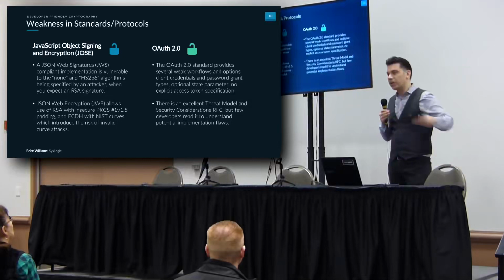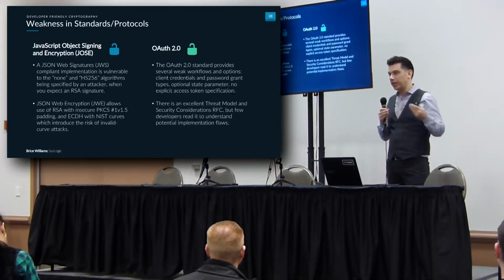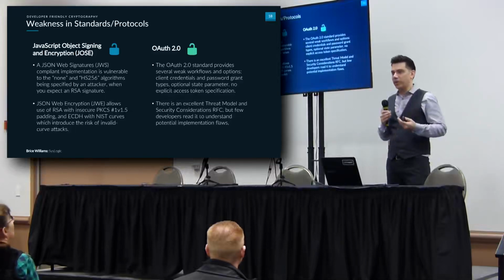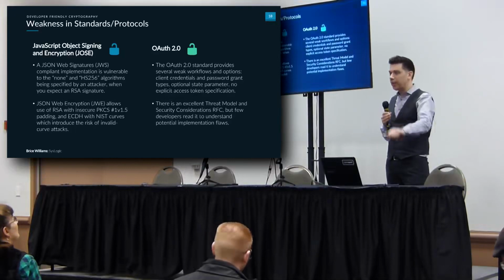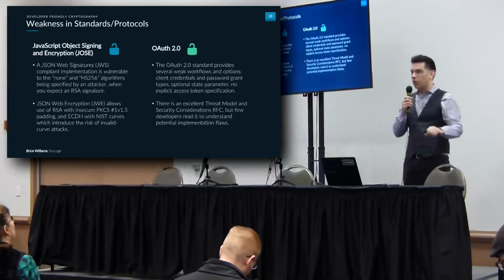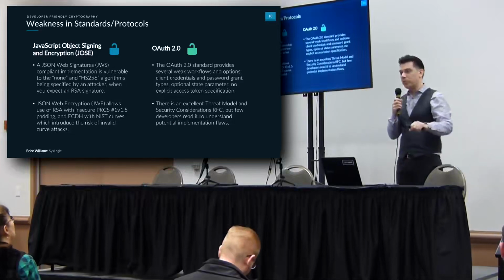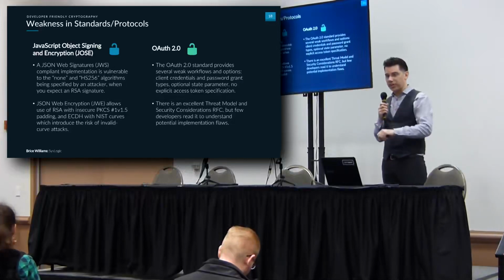As an attacker, you can pass those in when in reality you're expecting an RSA signature, and it's able to kind of work with those. Essentially, it's a fairly known by now attack vector. So you want to make sure not only are you using a standards compliant implementation, but that it's also aware of these weaknesses and has put in extra safeguards to protect against them.